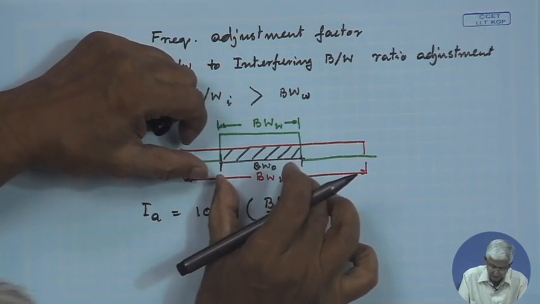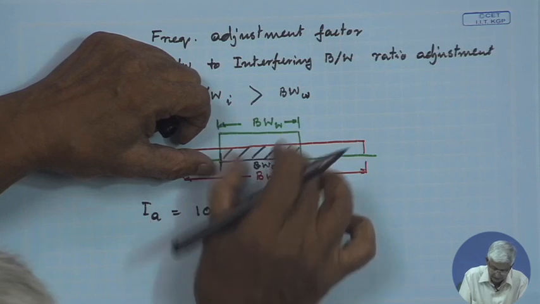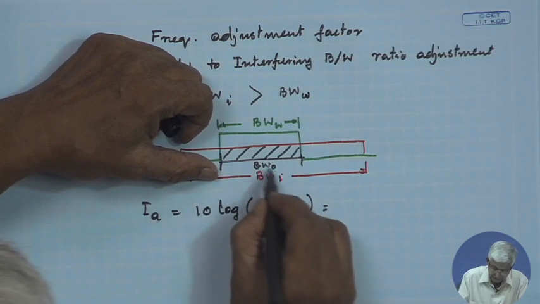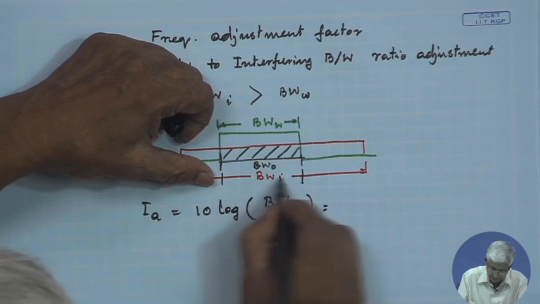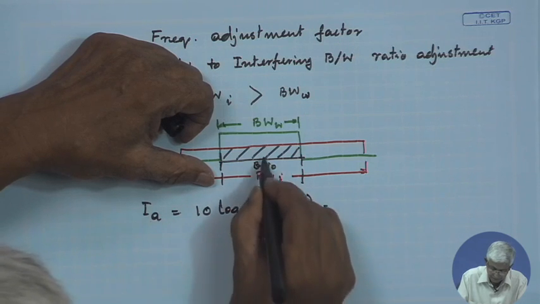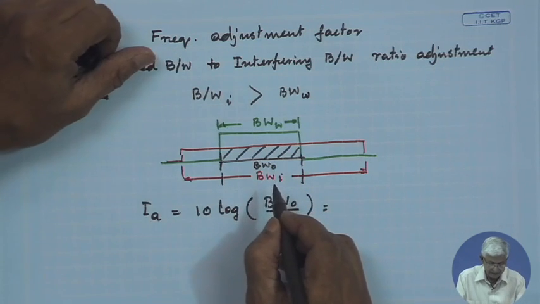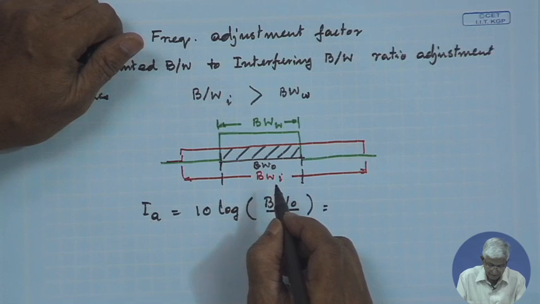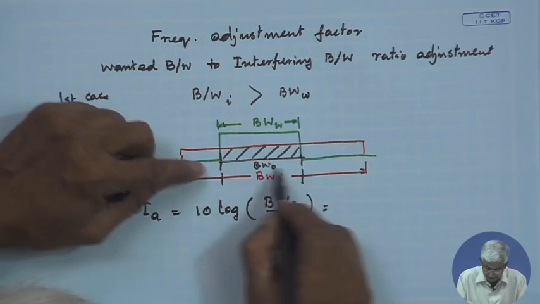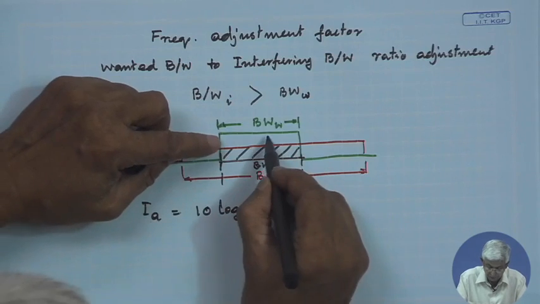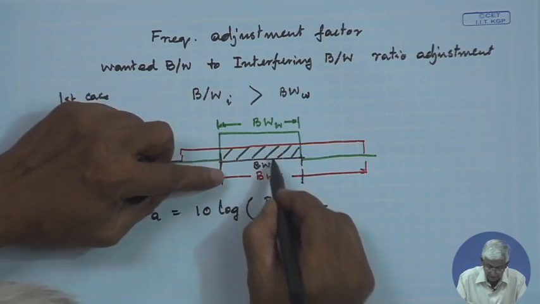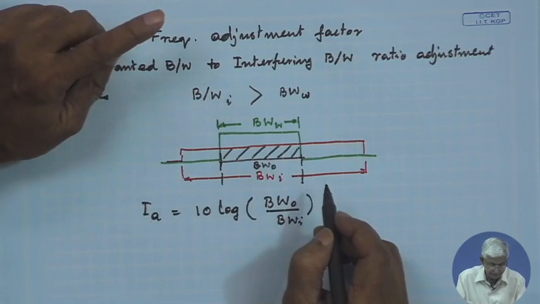That is, wanted bandwidth is fully overlapped with interfered bandwidth.